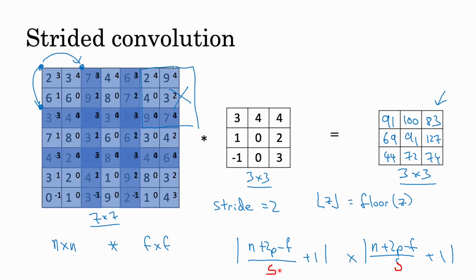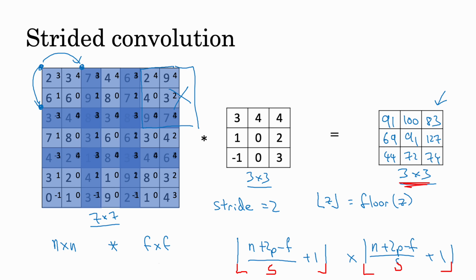This will give us the right value. And one more important point is that here we take the floor value of it. Whenever we get a decimal value, we take the floor integer, that is the integer within it. So we are taking the floor of it, and basically this gives us the output dimensions.